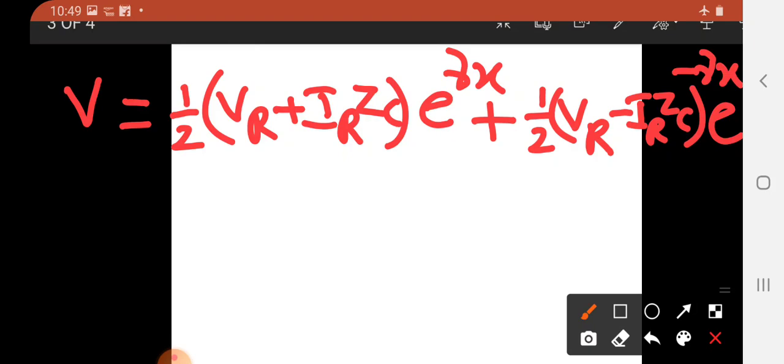And similarly, what is I? Yes, I is equal to, let it be, this is equation 9.